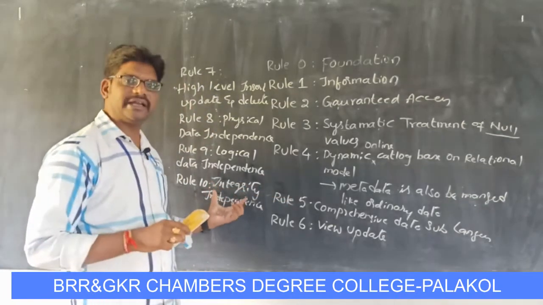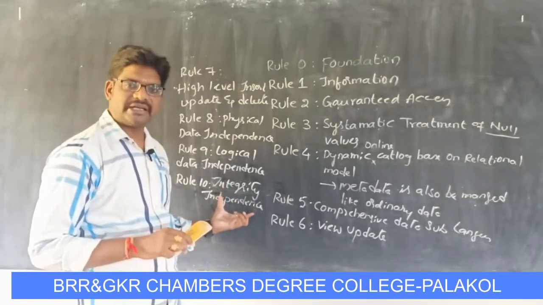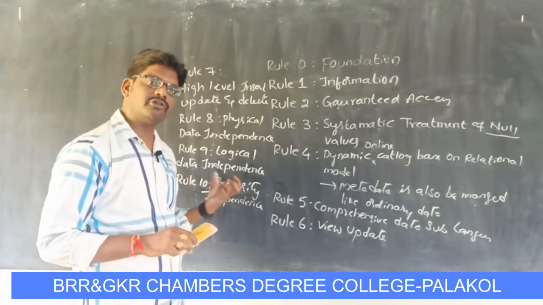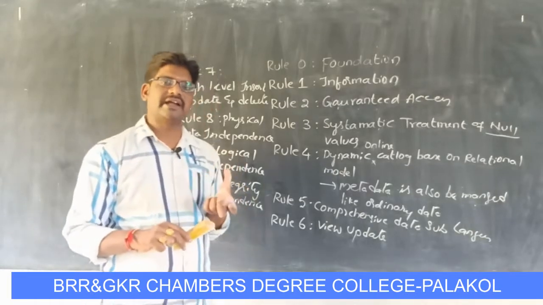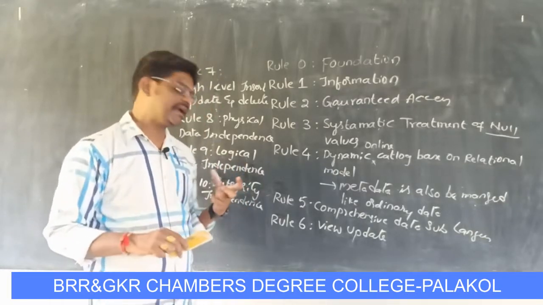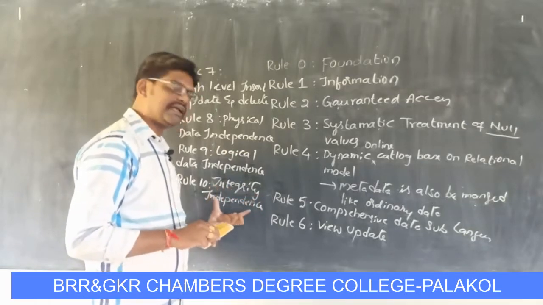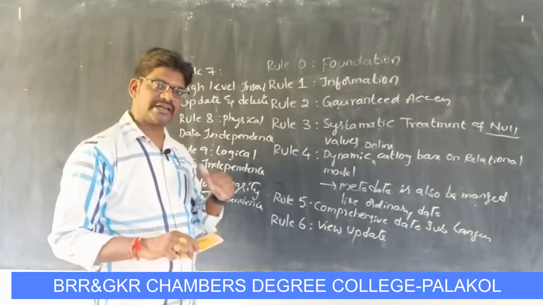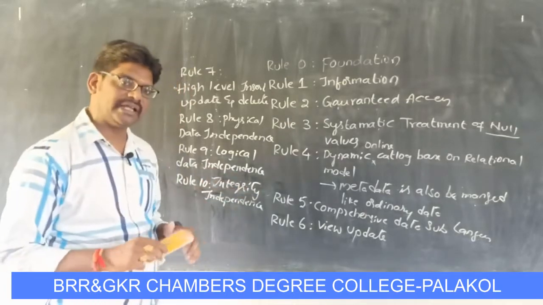What is integrity independence? We have to maintain the integrity of data within the database. We have to maintain correct, accurate data within the database. That is called integrity independence.